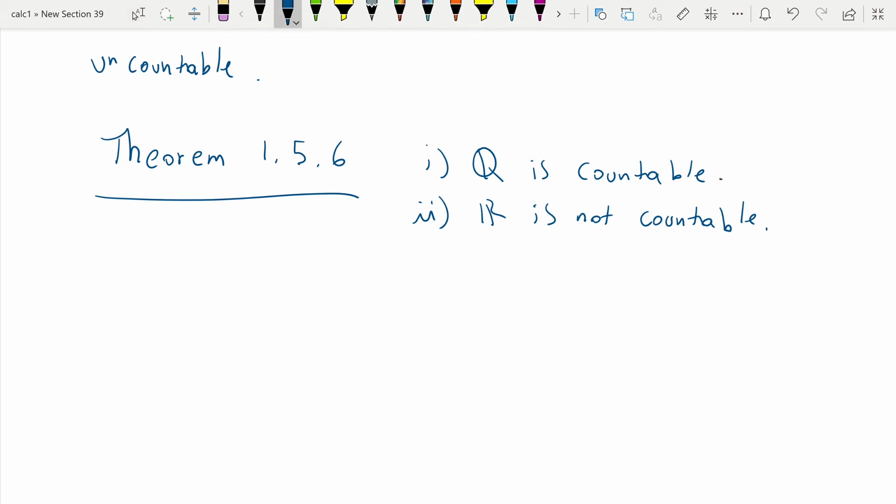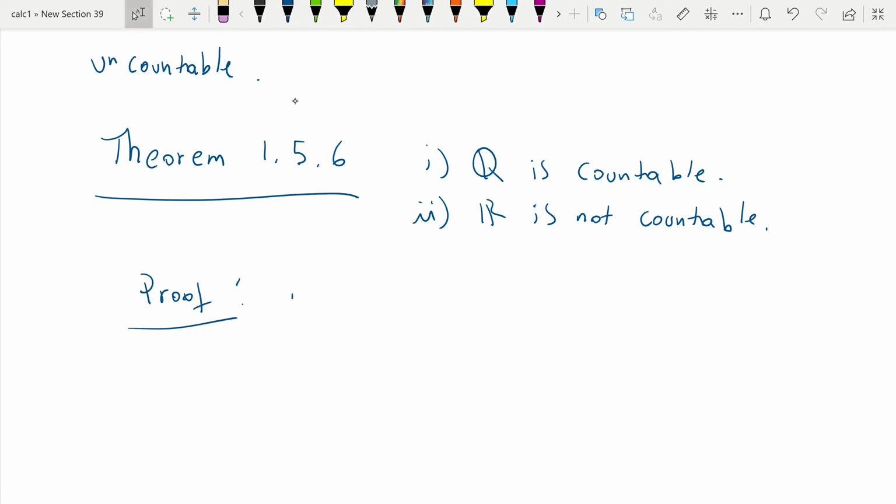So really, what we're interested in now is the second part, which is that the real numbers are not countable, because it actually uses some analysis.